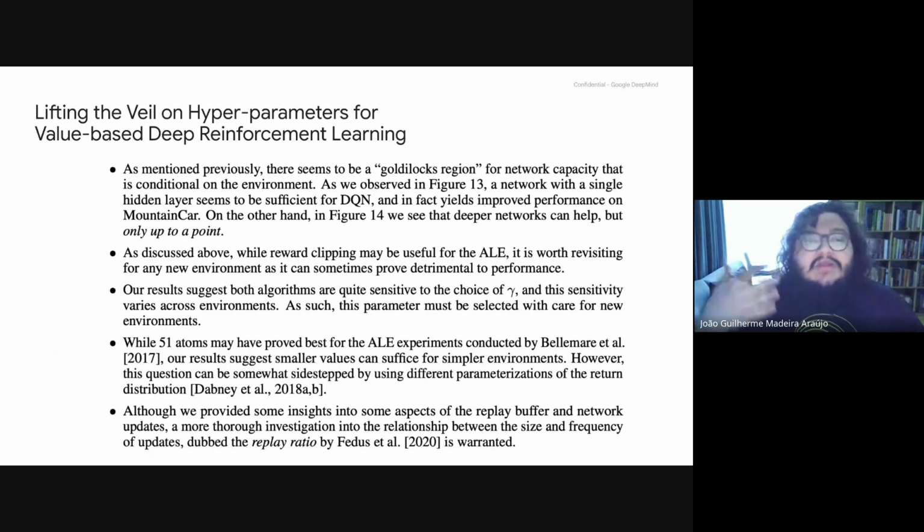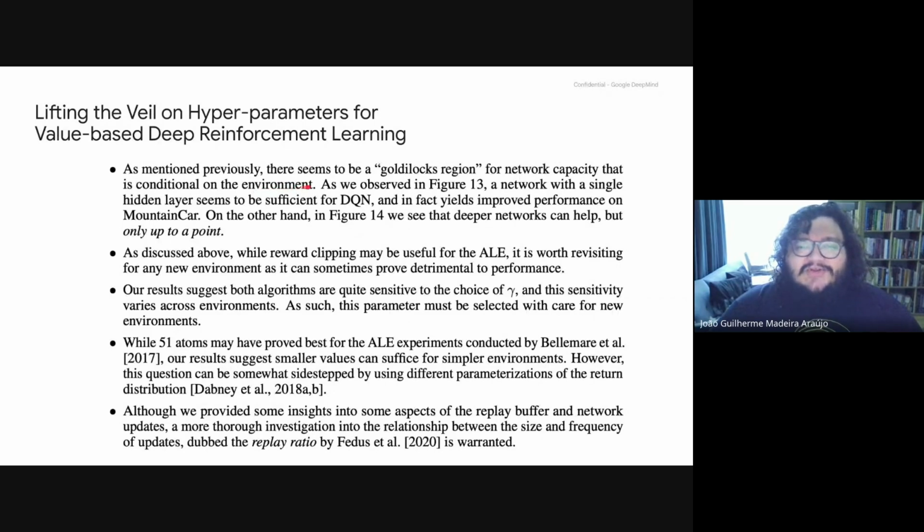And basically, we got some interesting conclusions. We found that there is some kind of Goldilocks region for network capacity, and that it depends on the environment. So again, this shows that the environment is pretty important, and that at least for those algorithms and network architectures, you can't just go scaling up.